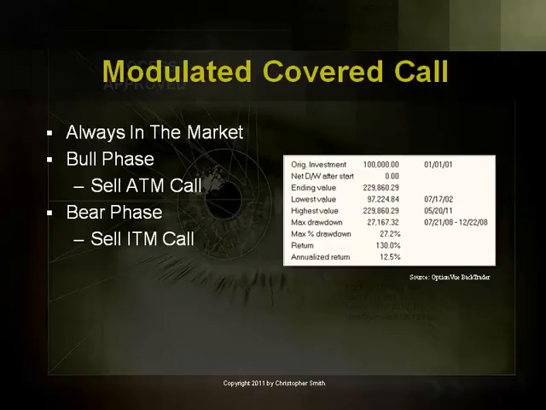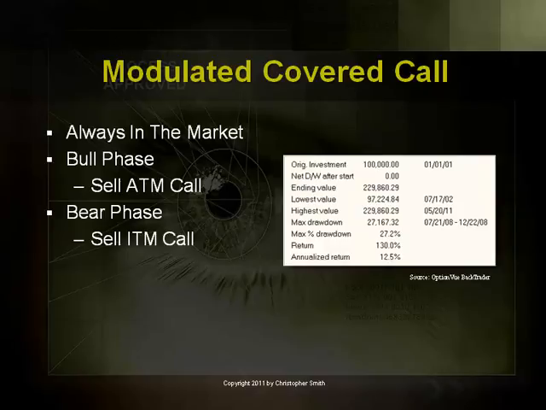So our original investment was $100,000, and the ending value at the end of the test was $229,000 and change. It's almost $230,000. Our lowest value during the test was $97,000. So we did have an account drawdown that took us down about $3,000, $2,800 less than our starting capital.